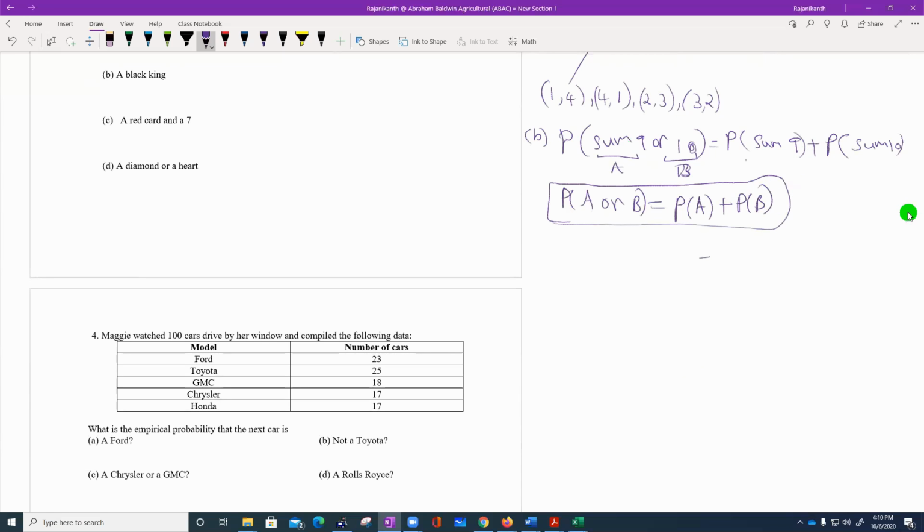So the probability of getting a sum is how many numbers you will get. To get a sum of 9, you may have 4 5, 5 4, 3 6, and 6 3. These are the possibilities you may have to get a sum of 9. To get a sum of 10, you have 5 5, 4 6, and 6 4.